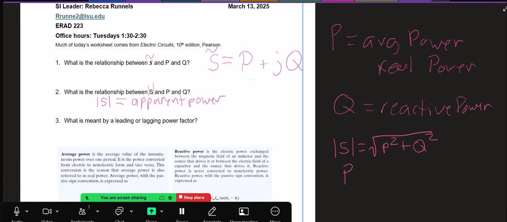It is also true that P equals S cosine theta.